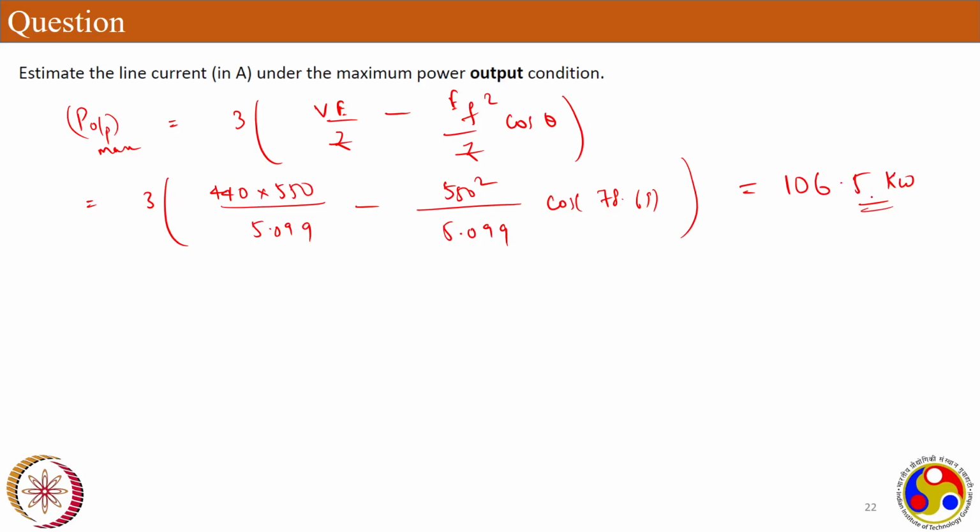So please verify you got the same or not.